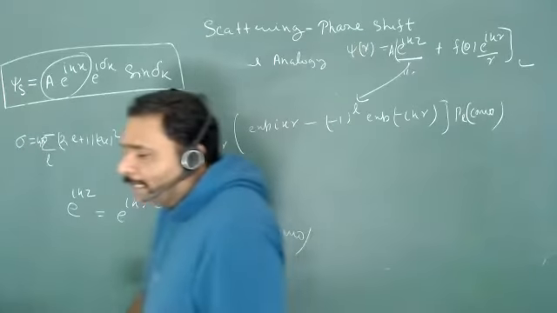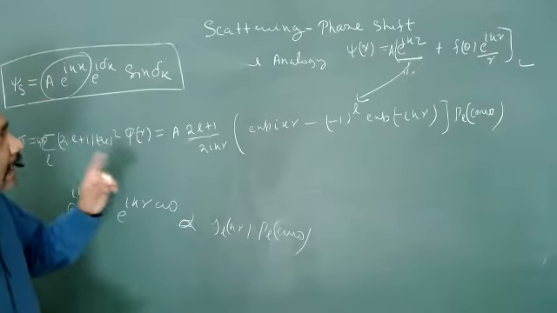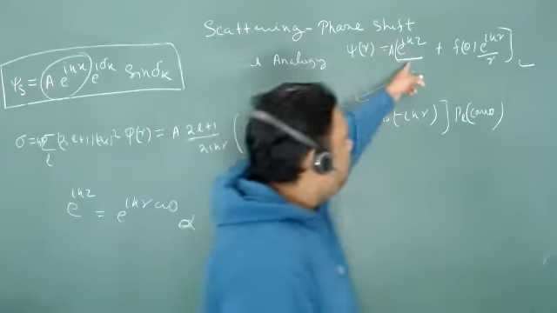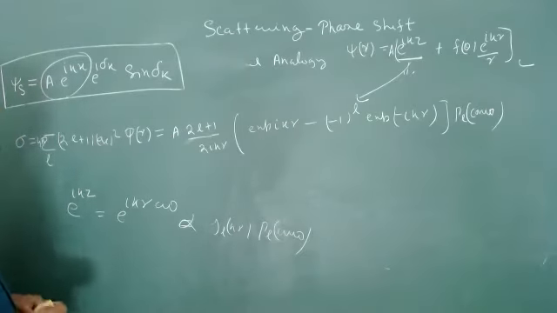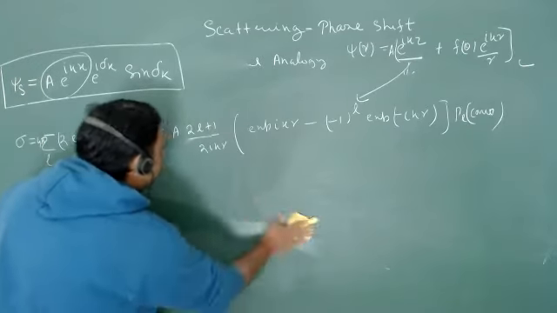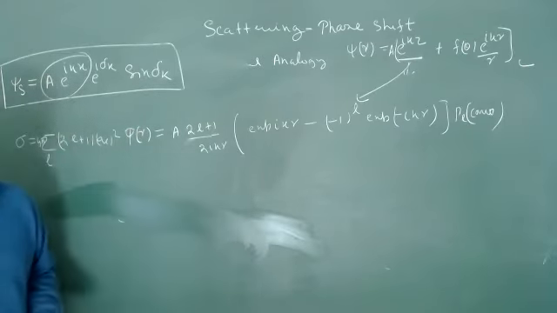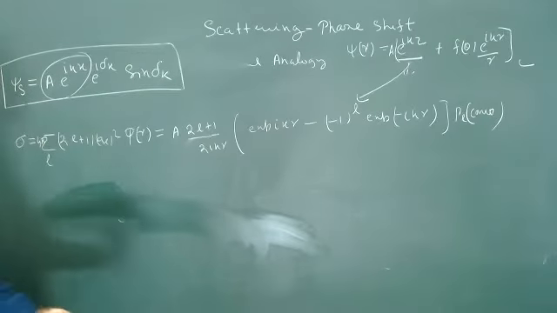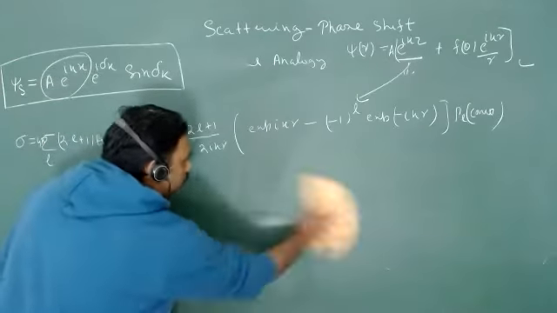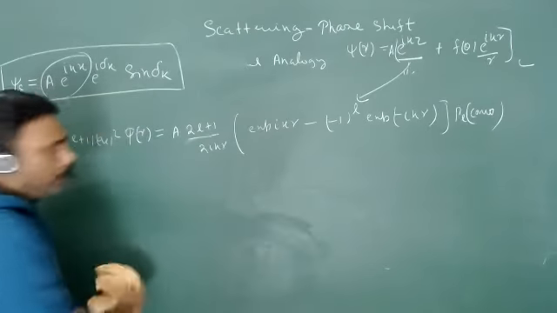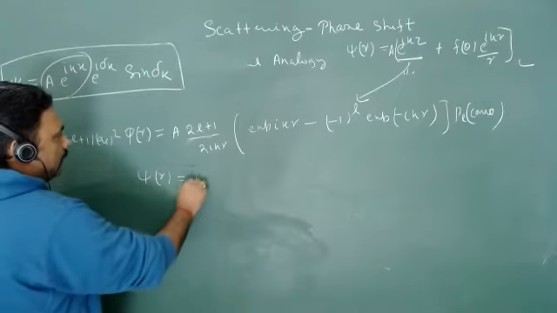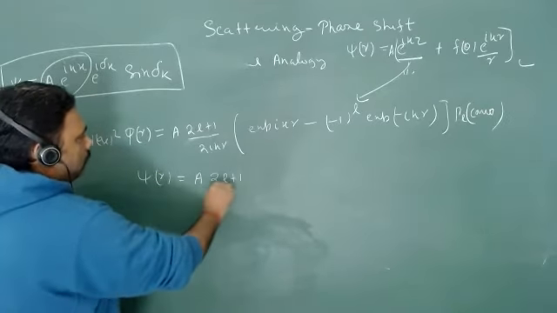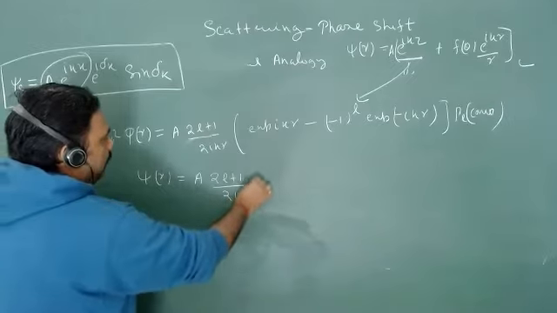So now, what is my total wave function? Psi r. What is my total wave function? This plus a scattered wave function, isn't it? And from the theory of phase shift, what is my total wave function? Which is going to change, incoming or outgoing? Tell me. So psi r is going to change: 2l plus 1 over 2i kr.